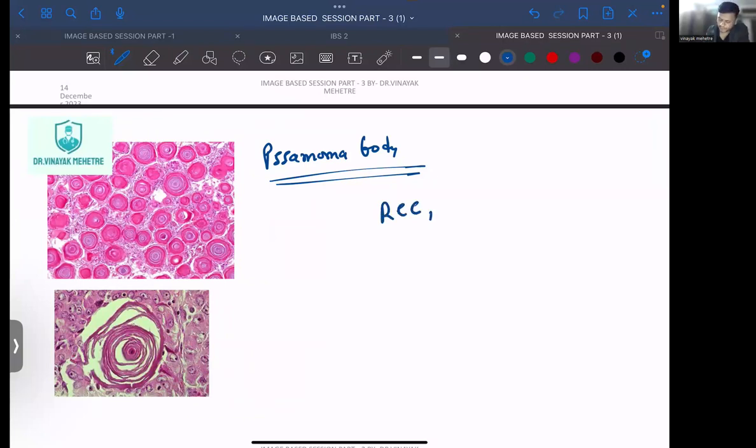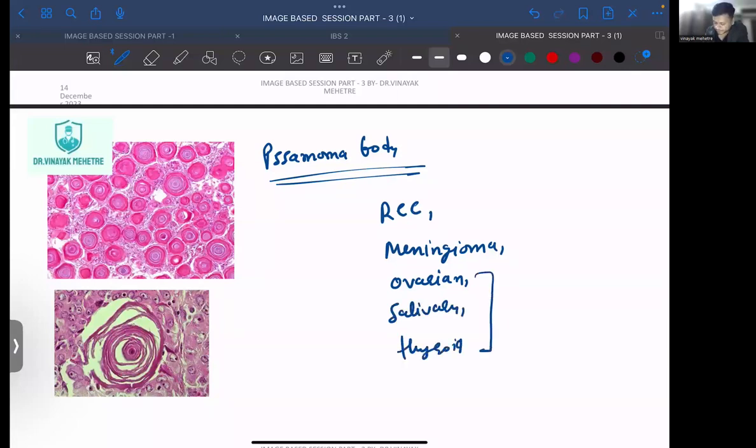Okay. Then comes meningioma, or ovarian, salivary, and thyroid. These 3, which subtype? That is papillary cancer. Okay.